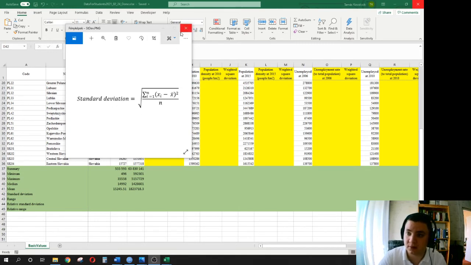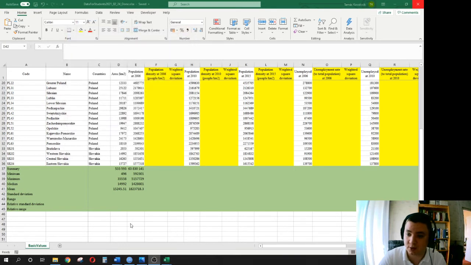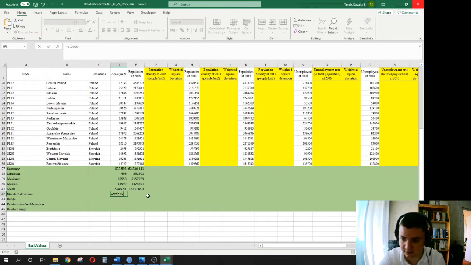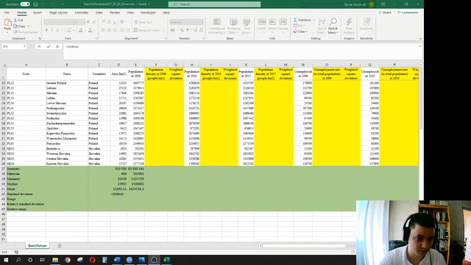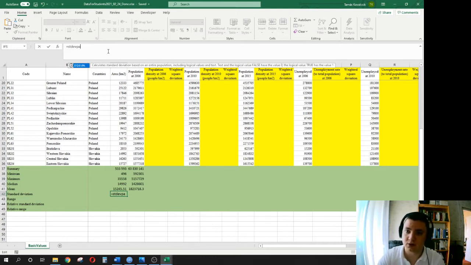But for the absolute values we also have a standard deviation function in Excel, STDEV.P. So this is the right function.